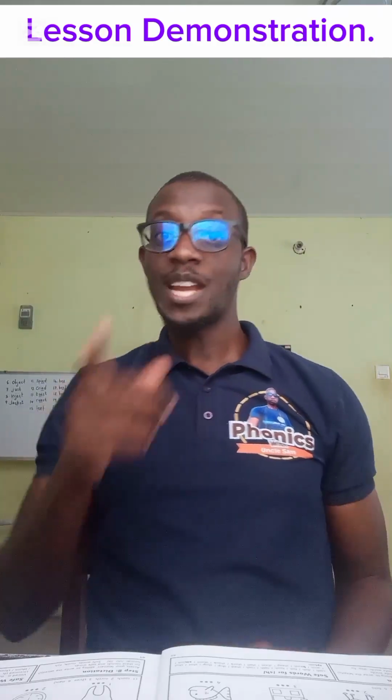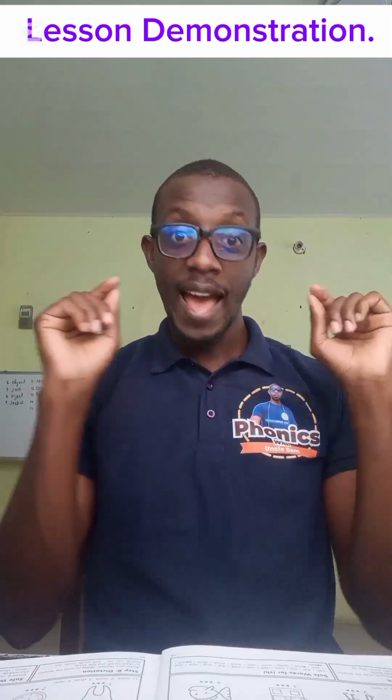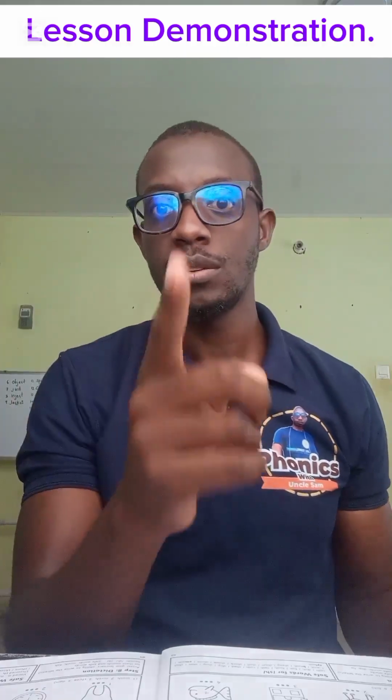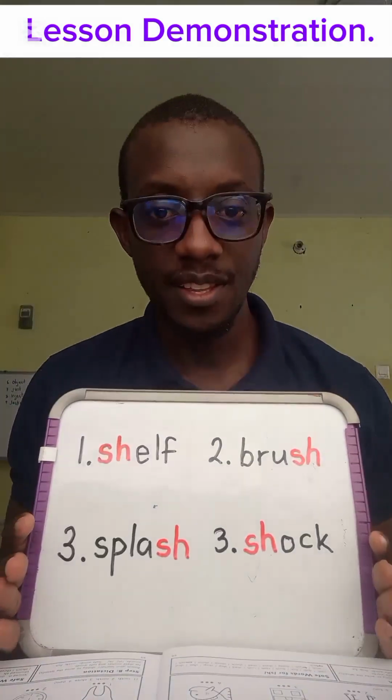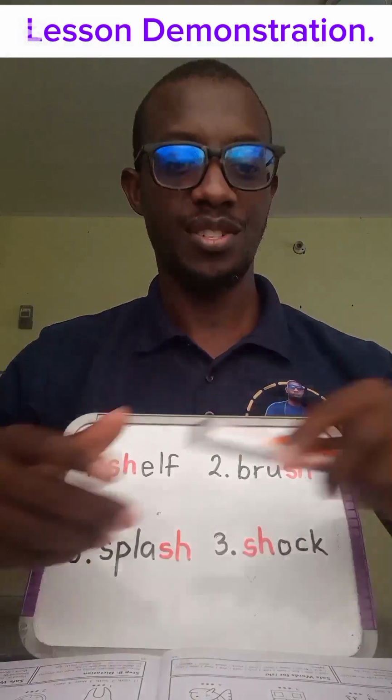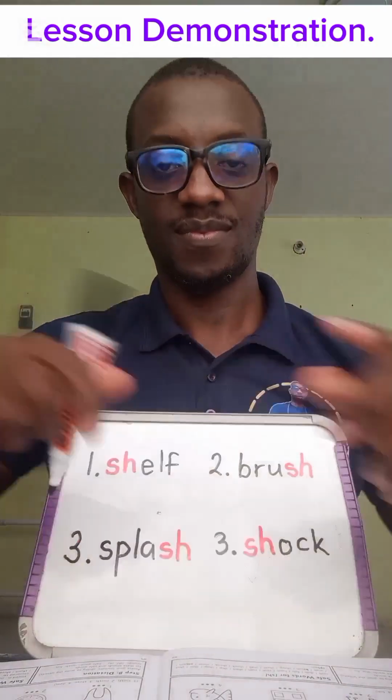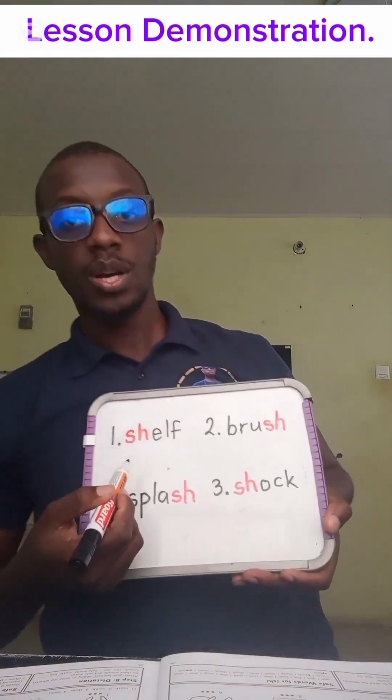Great job. Now let's quickly go into today's words. Add some sound dots and see if we can read them. These are today's words. Okay, now, what's the first word?